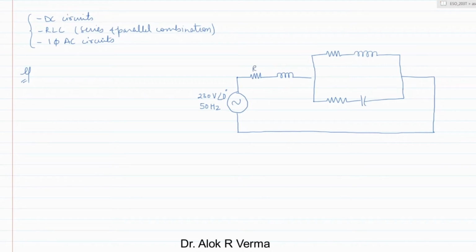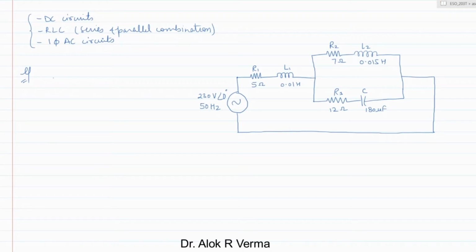And this is R1, L1, R2, L2, R3 and C. So suppose these values are given as 5 ohm, 0.01 Henry, 7 ohm, 0.015 Henry, 12 ohm, 180 microfarad. So these are the values which are given.